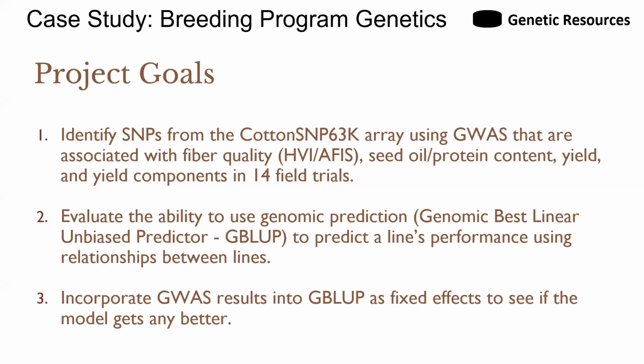Our project goals in this case: we're identifying SNPs from the cotton 63K array, and then using GWAS to look for markers significantly associated with fiber quality, both HVI and AFIS, as well as seed oil and protein content, yield and yield components in 14 different field trials.